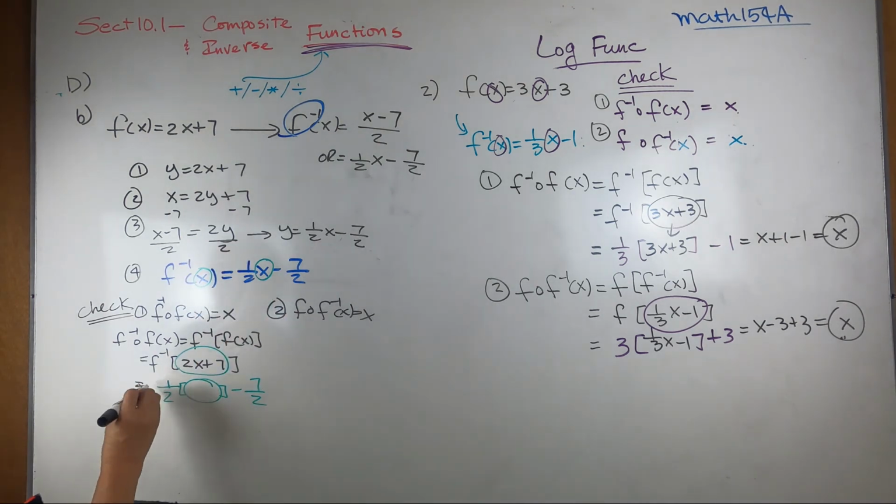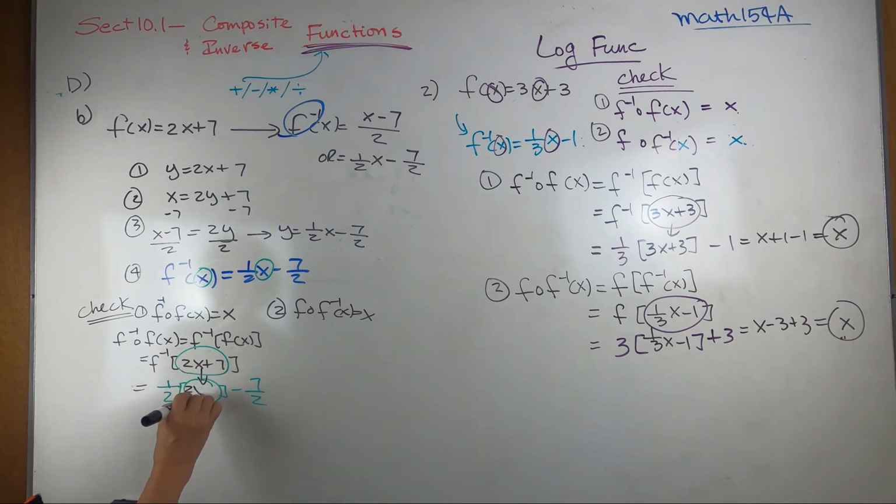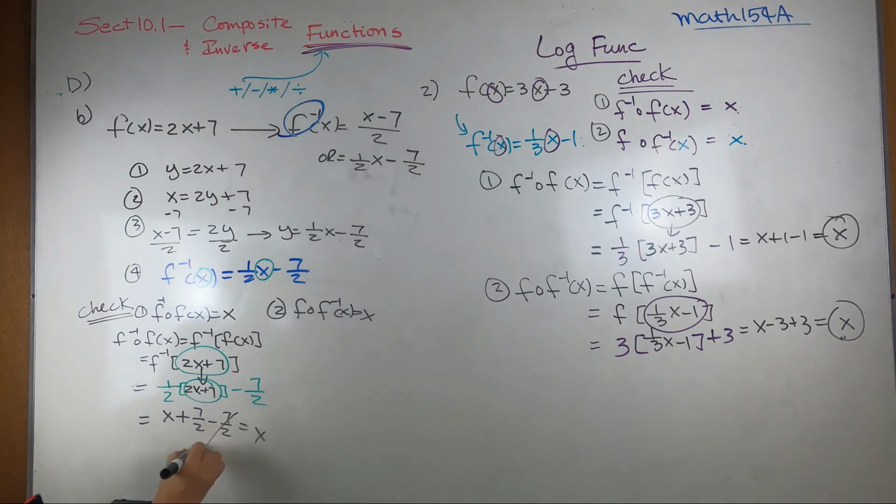So that's F inverse. So you put this back here, x plus 7, then you check. That's x. So x plus 7 halves minus 7 halves. What do you have? You got x. So you get back.